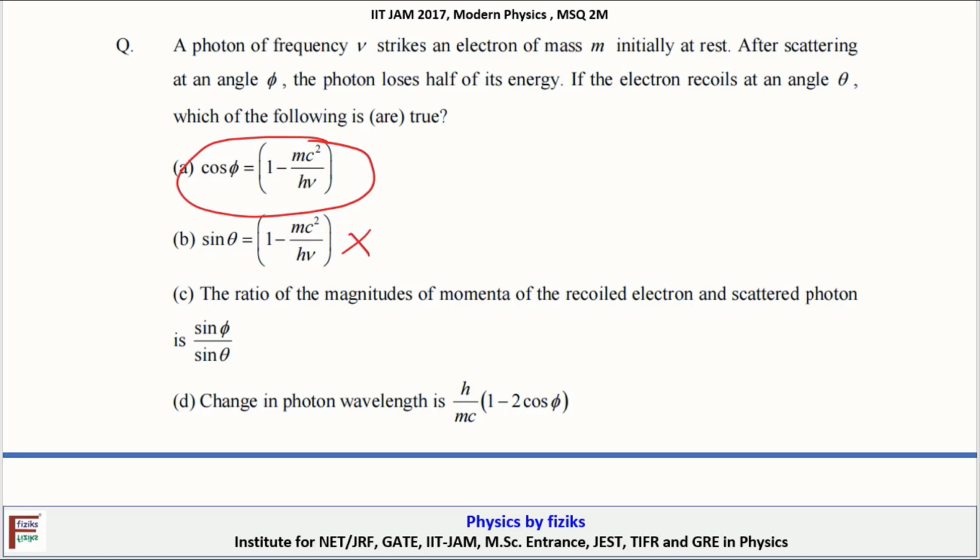This option is wrong. So let us check out the third option: the ratio of magnitude of momenta of the recoiled electron and scattered photon.